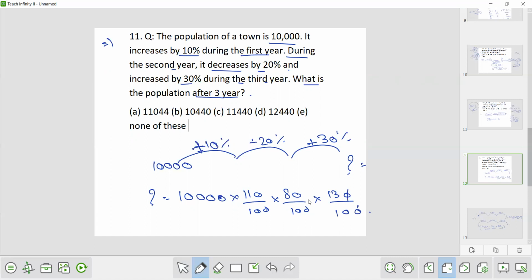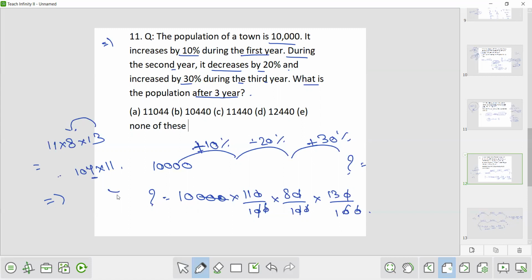So this 0 got cancelled, this 0 got cancelled, this 0 got cancelled. Then 3 zeros got cancelled from here. Now this is 11 into 8 into 13. Now how to do it? 13 into 8, 104. 104 into 11 is how much? I have explained you already how to multiply any number by 11.